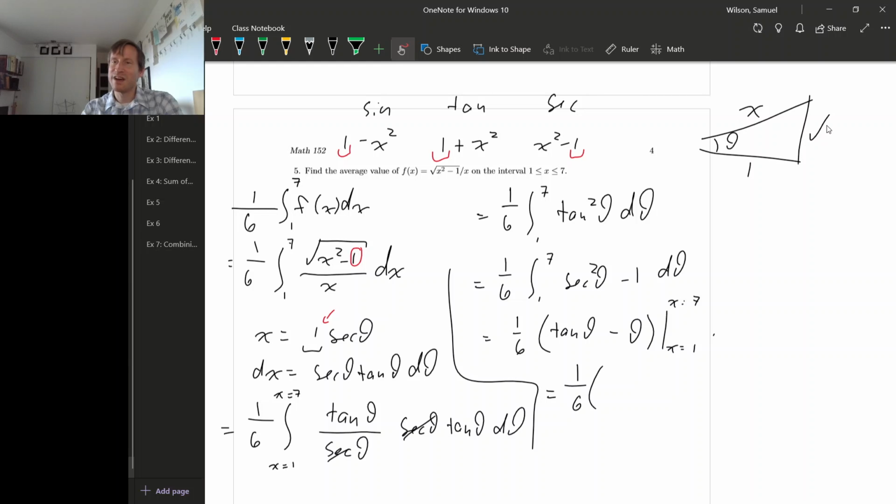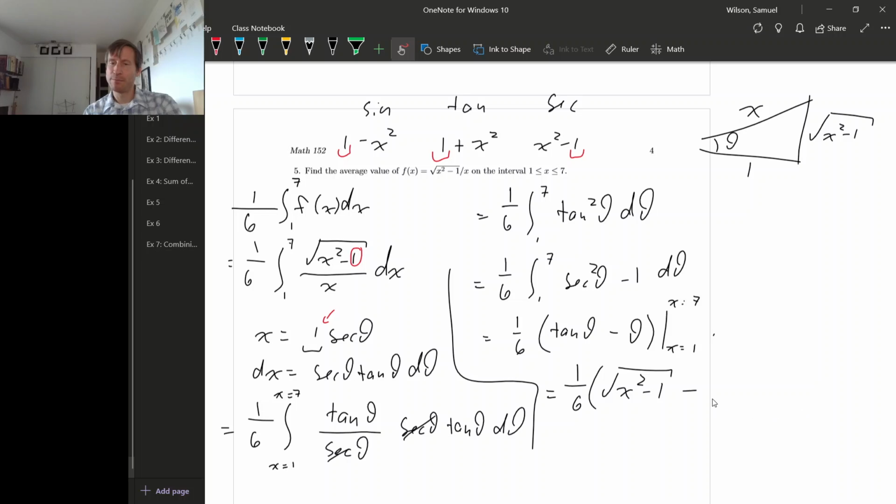So the opposite side is square root of x squared minus 1. So tangent in this triangle is just the square root of x squared minus 1, minus theta itself. Well, to get theta itself, we have to use an inverse trig function. There's no way around it, really.